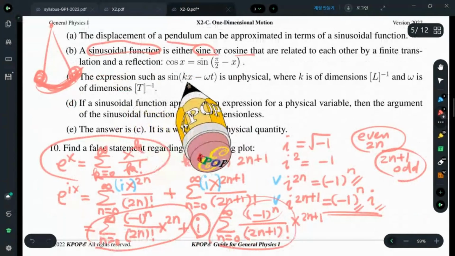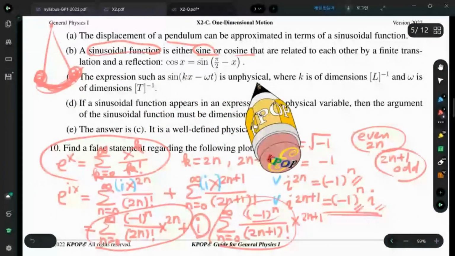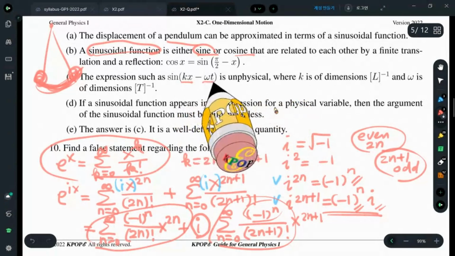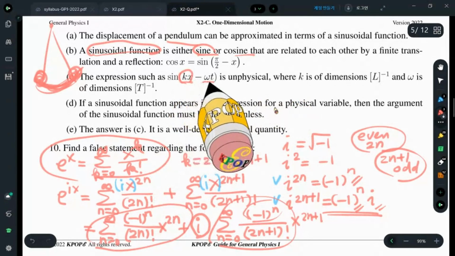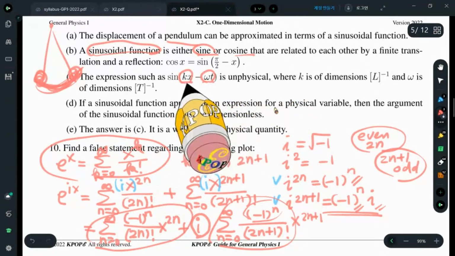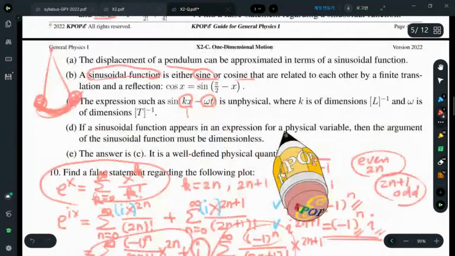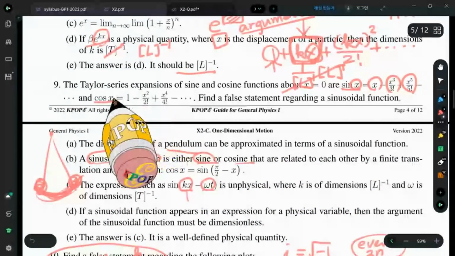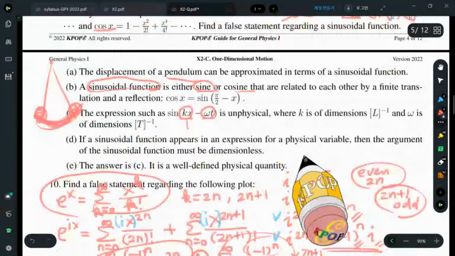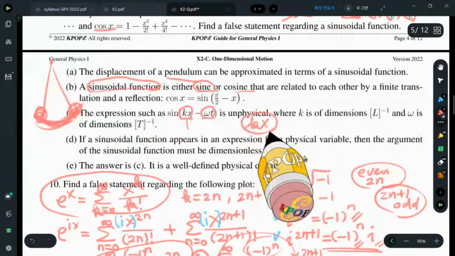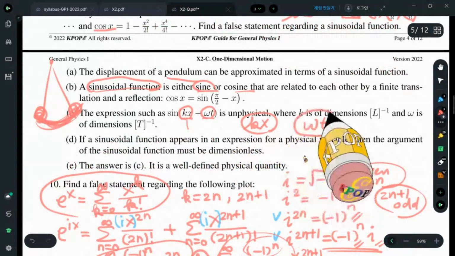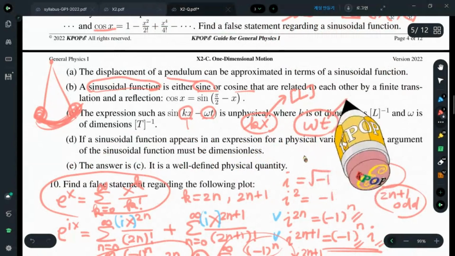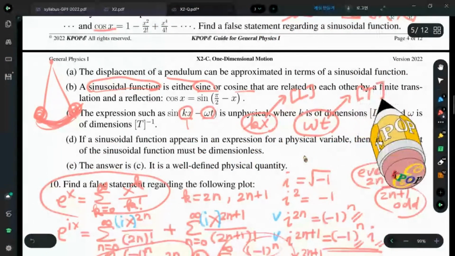The expression such as sine of (kx minus omega t) is physical. In here, they are subtracted, and this is a sine. Sine or cosine can be expressed as a power series. So this argument must be dimensionless. So kx is dimensionless. Omega t is dimensionless because x has the dimension of length and time has the dimension of time.